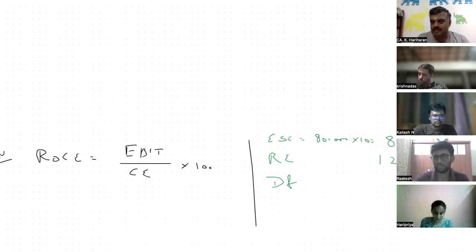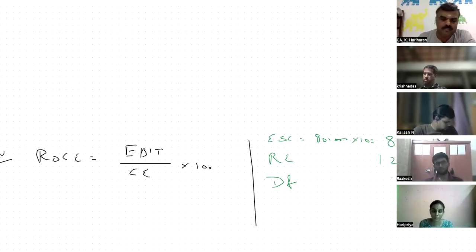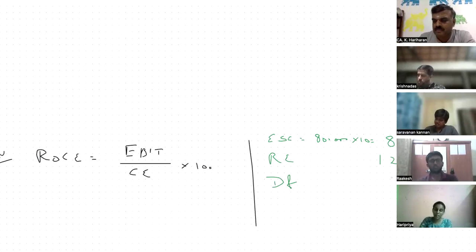Interest on debentures is 12 lakhs at the rate of 12%, so debt is 1 crore. So capital employed comes to 3 crores, 300 lakhs. We got capital employed as 3 crores.